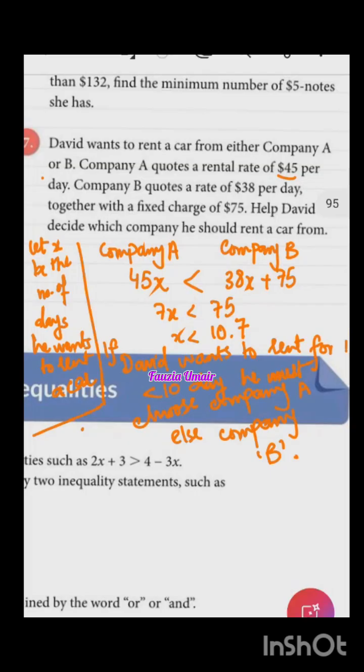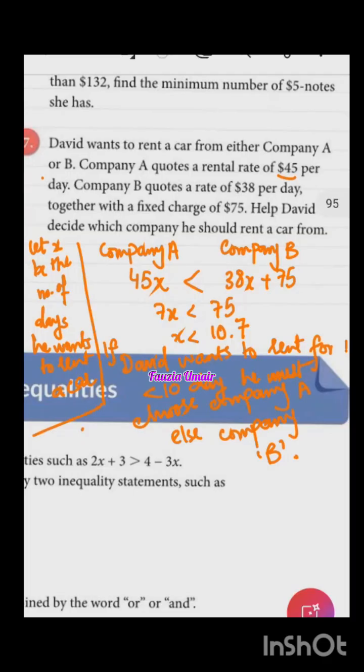मिस बट आई डोंट अंडरस्टैंड कि जो हमारा एक्स है उस आंसर से आपने ये सारा फिगर आउट किया या फिर आपने 10.7 पुट किया था. देखिए हमने शुरू में इनइक्वालिटी क्या बनाई. हमने इनइक्वालिटी बनाई कि कंपनी ए का रेंट लेस देन कंपनी बी है. ठीक है. अब जब हमने उसको सॉल्व किया तो हमें पता चला कि कंपनी ए का रेंट 10 days तक कंपनी बी से कम है.